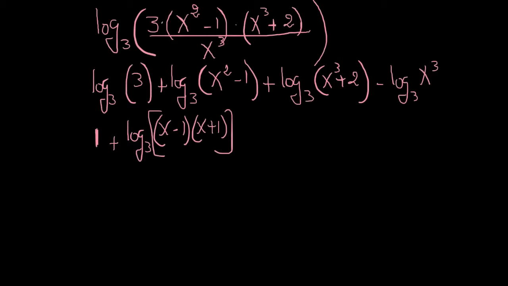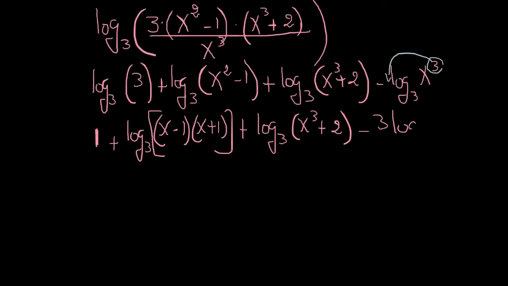Plus, there's not much I can do to log base 3 of x cubed plus 2, so it will remain as is, minus, again using the exponent property, the 3 will come in the front, so it's going to be minus 3 log base 3 of x.